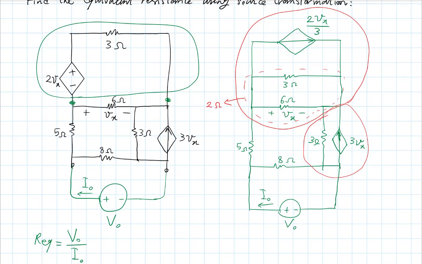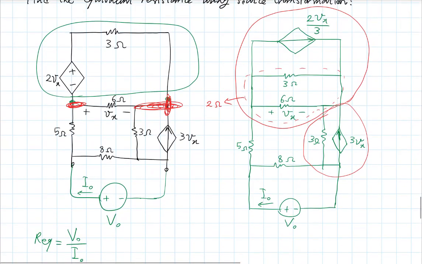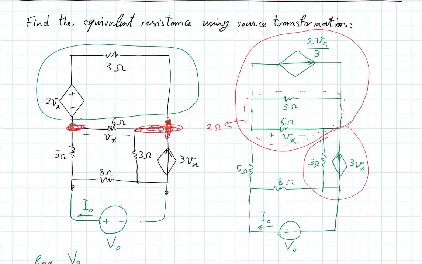So these are the nodes that we are talking about, right? Vx is the voltage difference between those in this circuit. So I should be very careful as I'm doing my conversions not to disturb those nodes too much.